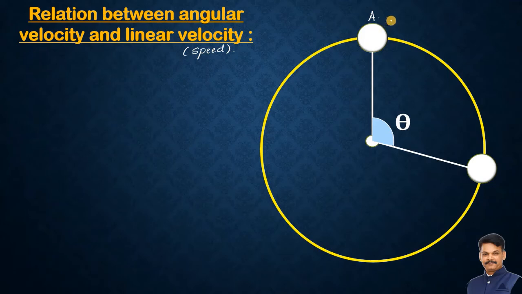Now, if that object is considered to be moving in a circular path, and at point A its position vector is taken as r.